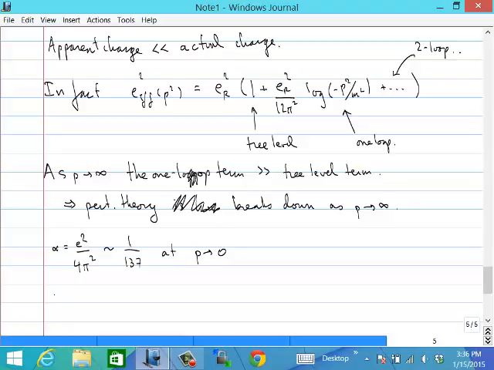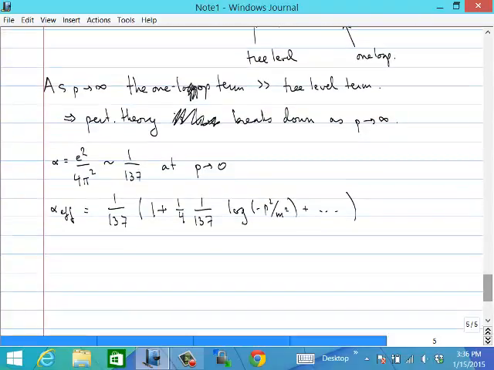But here you see that the effective coupling constant is given by 1 over 137 times some corrections. So you get 1 plus, from this term here, 1/4 1 over 137 times the log of minus p squared over m squared plus dot dot dot. So that means that the perturbation series is breaking down when this effective coupling constant is of order 1.